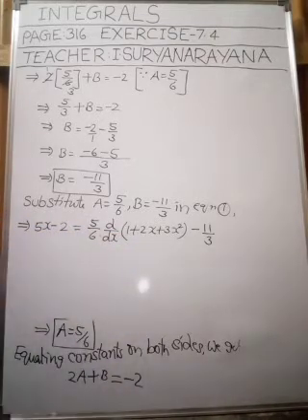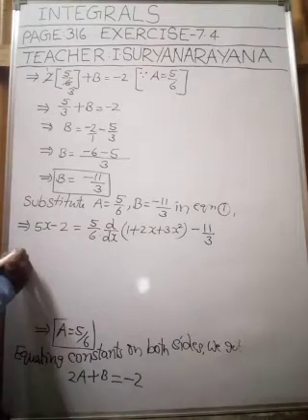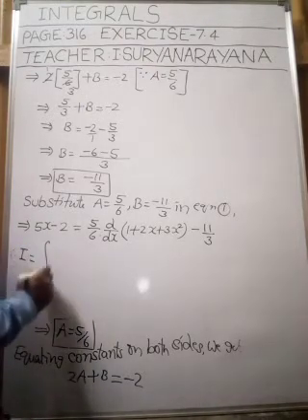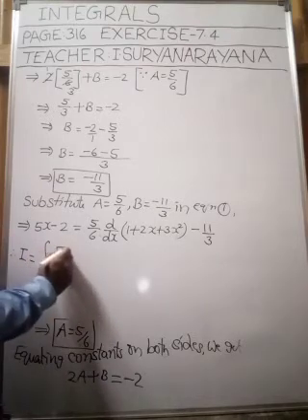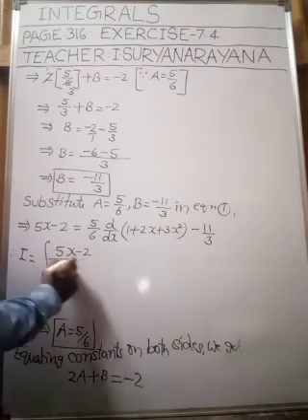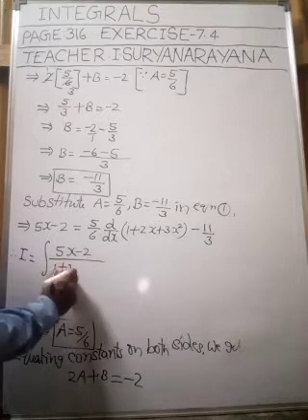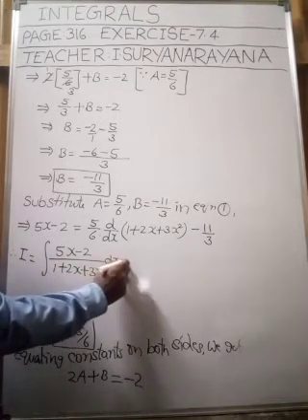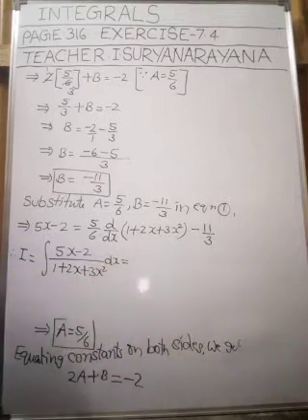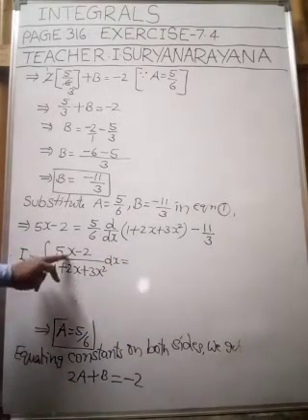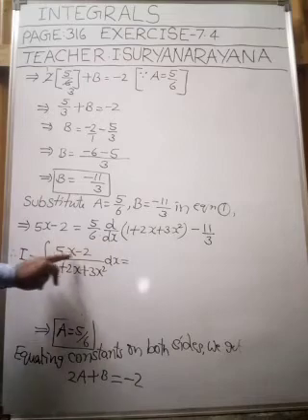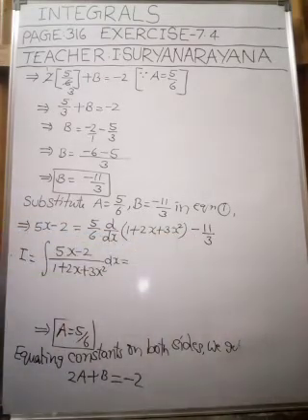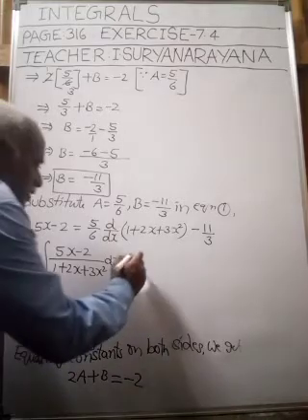Okay, my children, right. Now come to integral. What is the integral? Integral 5x minus 2 by 1 plus 2x plus 3x square dx is equal to. Okay, my children, in the numerator 5x minus 2 is there. Instead of 5x minus 2, we can write this part. Isn't it or not, my children? Right.